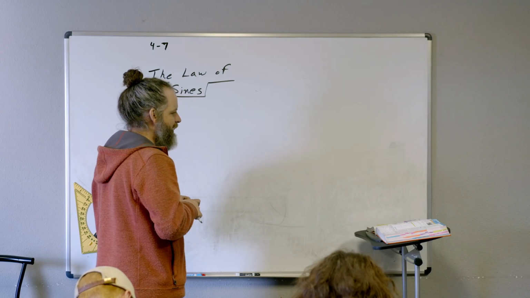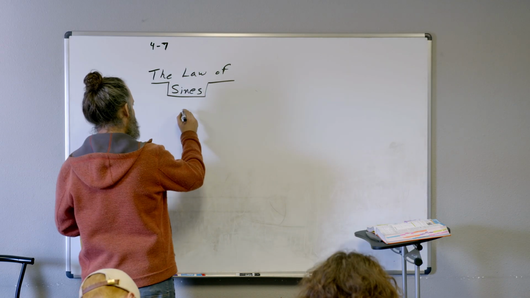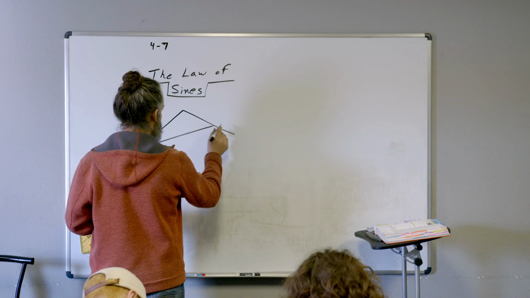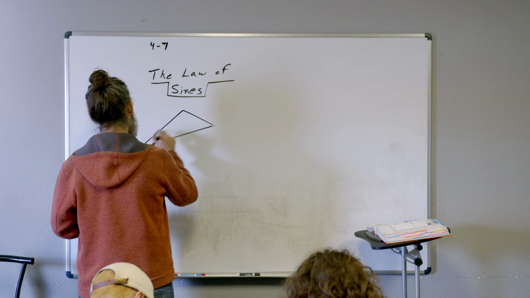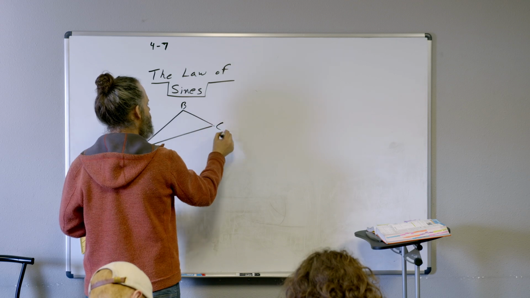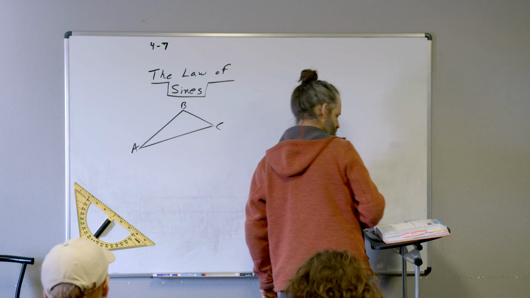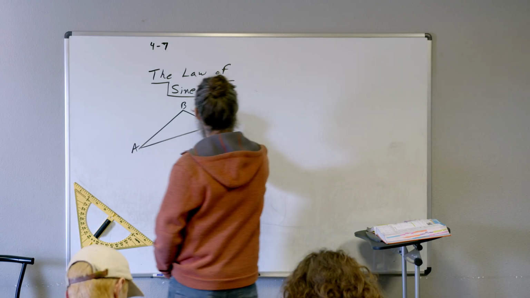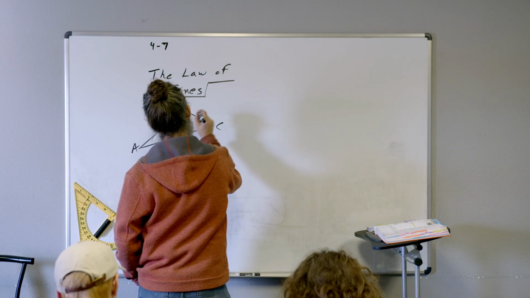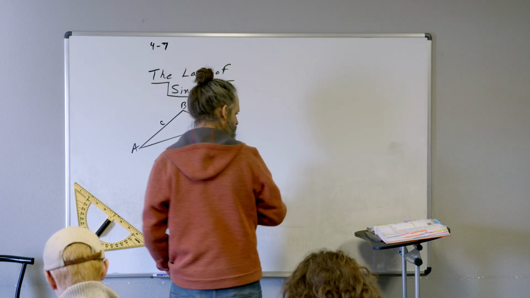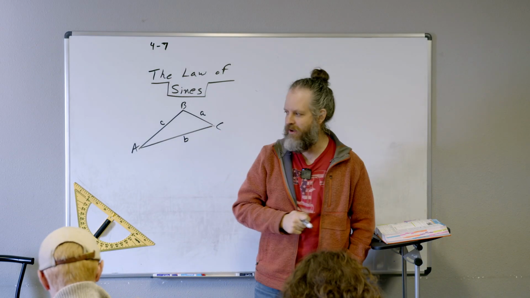So the law of sines says for any triangle, regardless of whether it is a right triangle or not, for any triangle ABC, the sides and the angles have proportional relationships. Where is this at? Page 291.